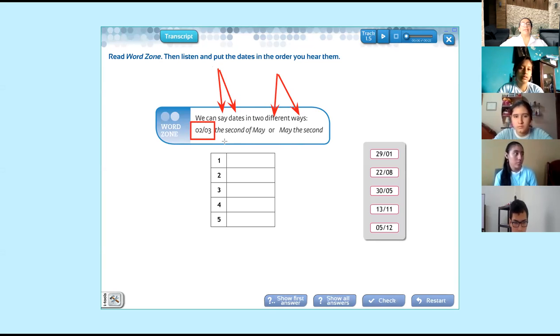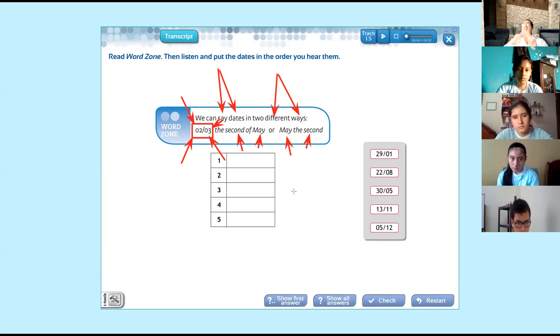And obviously, what is given in this example specifically? Pay attention. We have the number 2, and we have the number 3. Yes or no? This number 2 is the second, and this number 3 refers to May. Or the opposite: in this case, we are going to say May the 2nd.